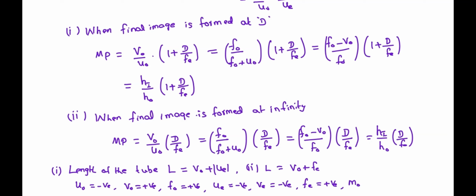Magnification of the objective will be negative, and magnification of the eyepiece will be positive. Overall, the complete angular magnification will be negative for the compound microscope.